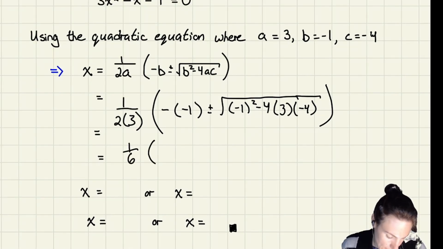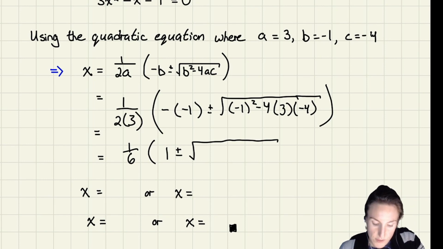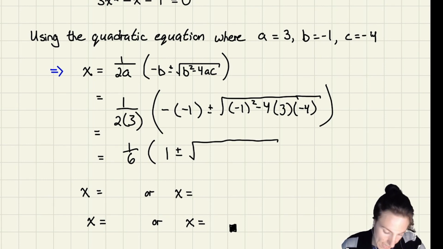I have 1 over 6. This becomes a plus. And then I have plus minus. So we have 1 plus 16 times 3, which is 48. Okay, or we can write this as 49. And the square root of 49, this is 7.